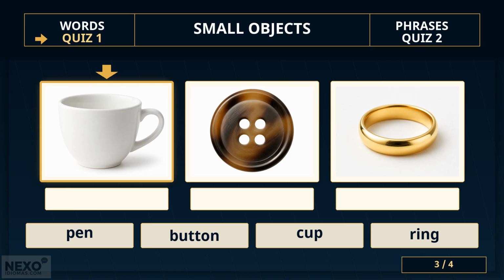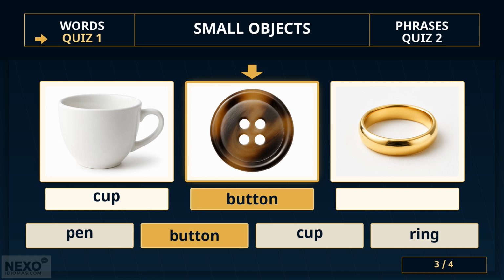What is this? Cup. What is this? Button. What is this? Ring.